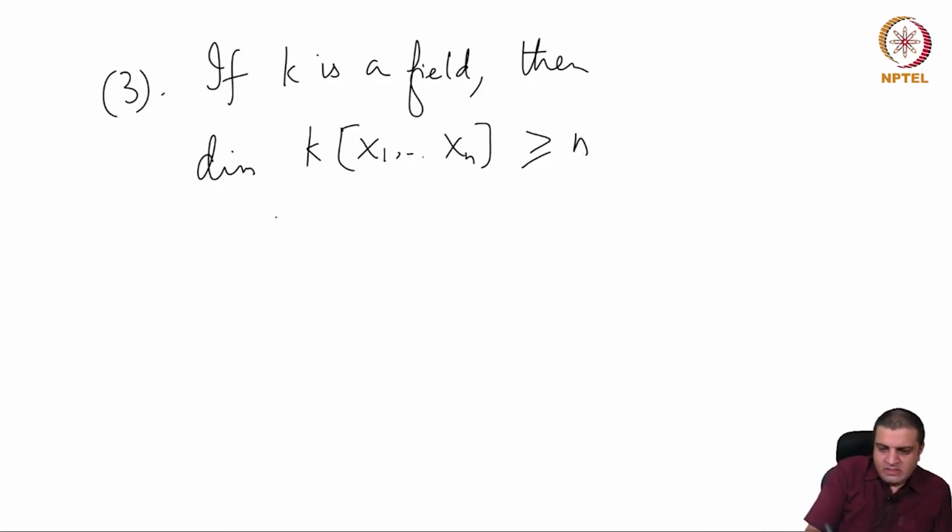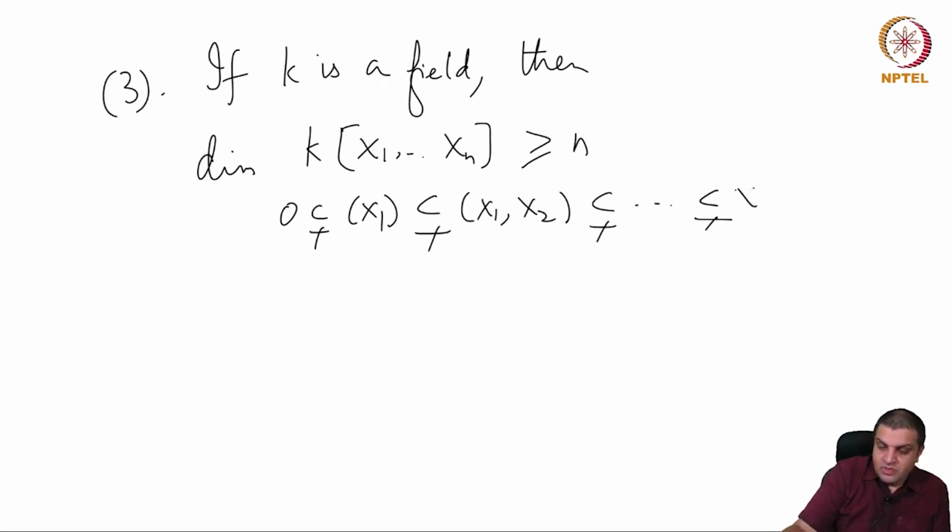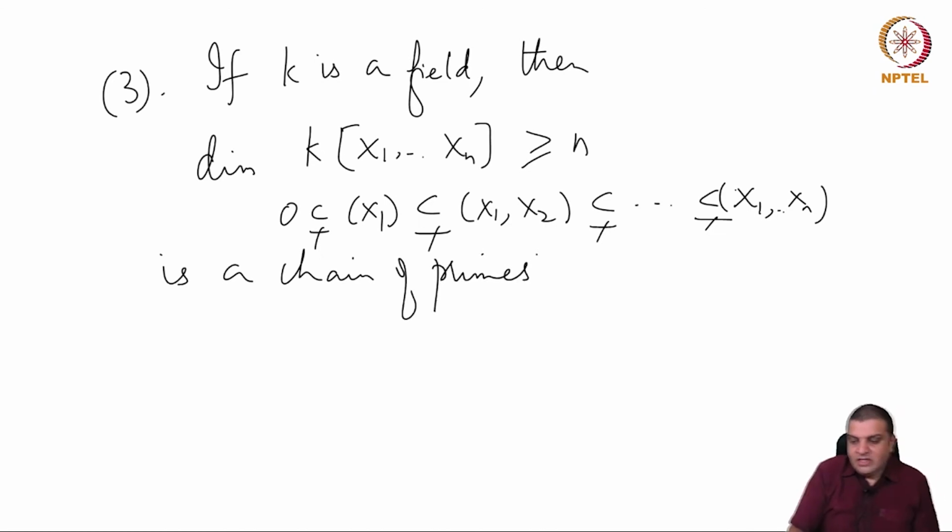The reason is the following: 0 properly inside (x1), properly inside (x1, x2), and so on up to the ideal generated by all the variables. This has length n, so this is a chain of primes. There is no immediate way to insert things in between or extend it. This is already a maximal ideal, so you cannot add anything here, and you cannot add anything to the left, since this is already 0.